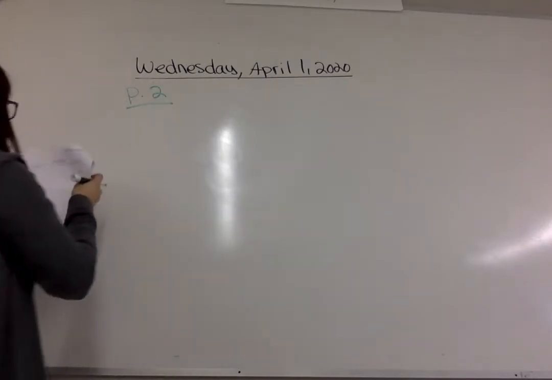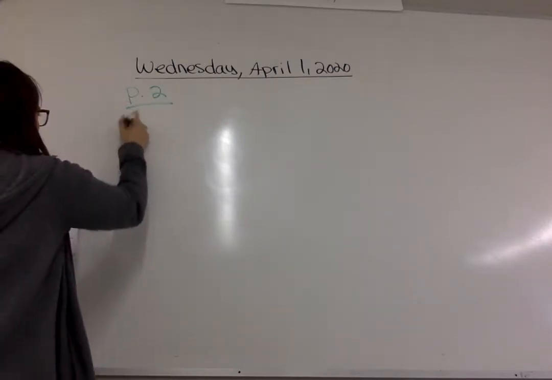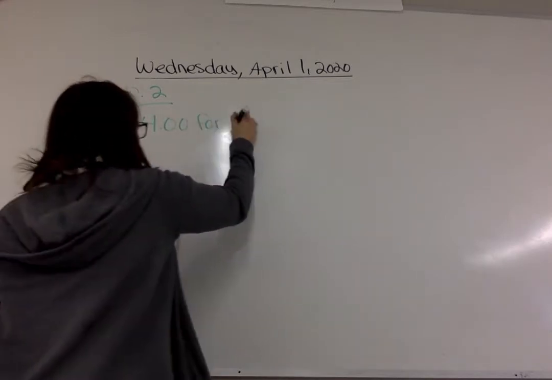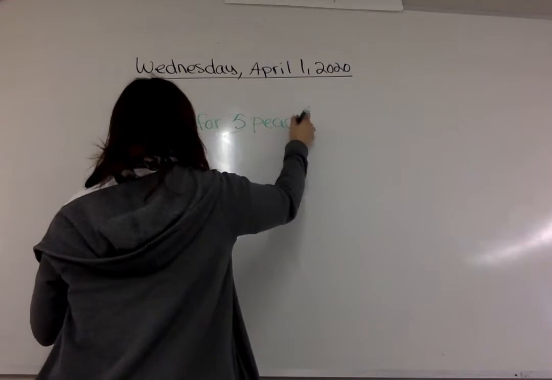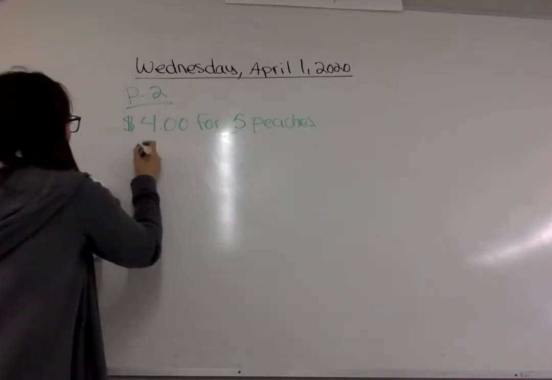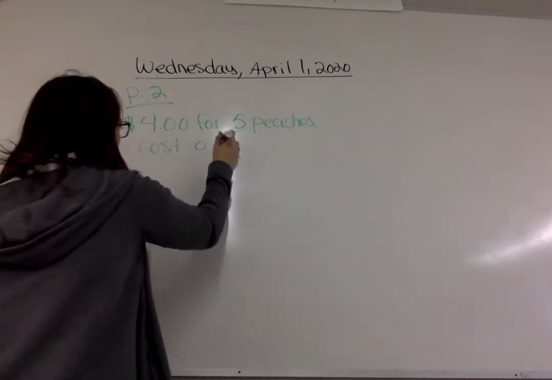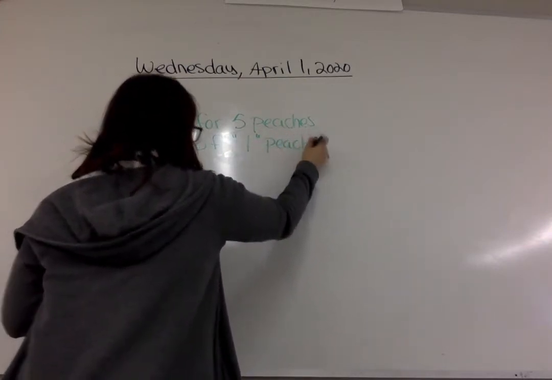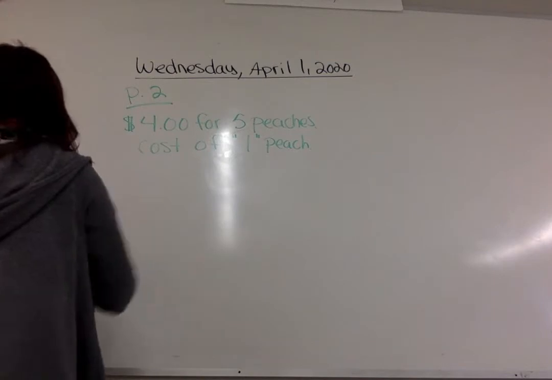This is a unit rate. It says Ulysses paid $4 for 5 peaches. We want to know the cost of 1 peach. So I need to find the unit rate.